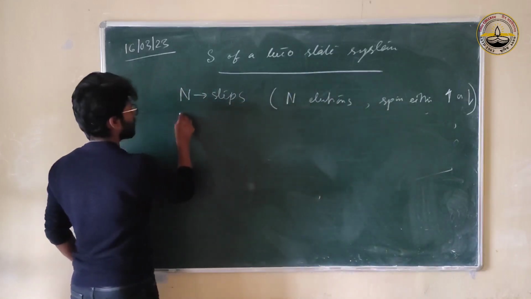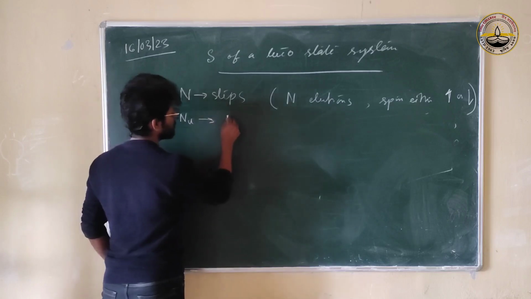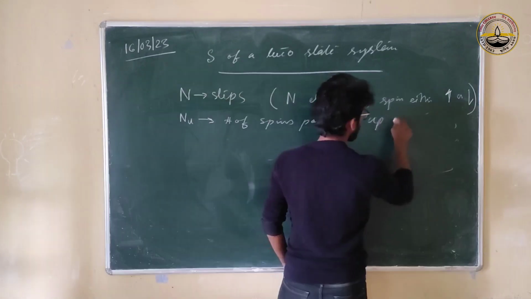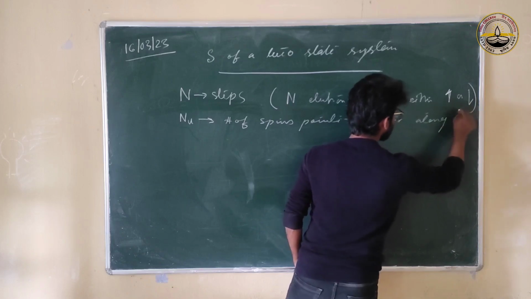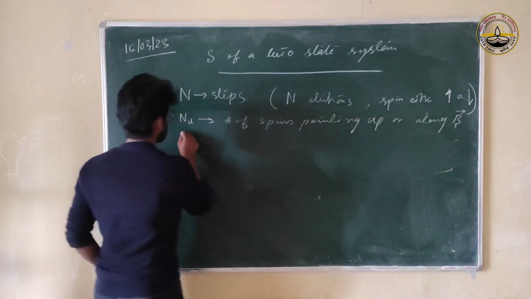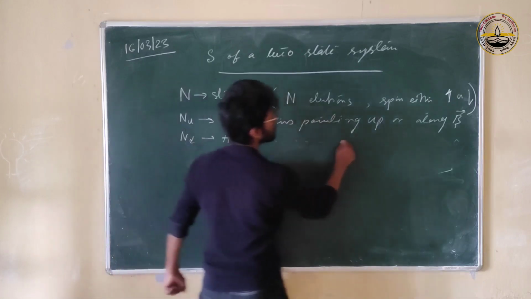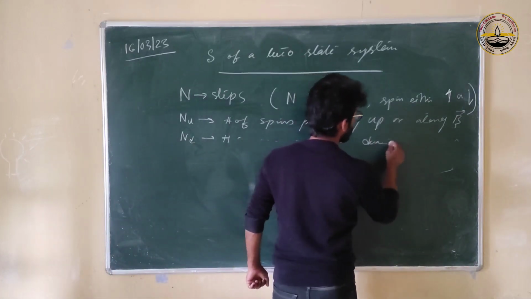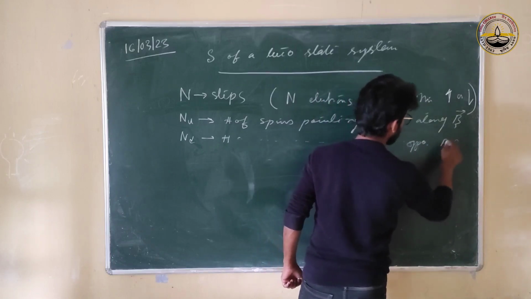So let's say there are N up number of spin ups, along the magnetic field B, and N down number of spins pointing down, or opposite to the magnetic field.